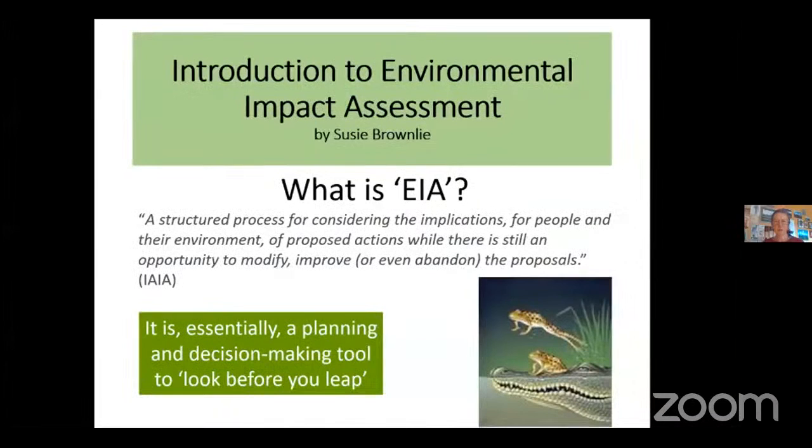And let's start. What is this thing called environmental impact assessment? If I look at the definition provided by the International Association for Impact Assessment, it's a structured process for considering the implications for both people and the environment of proposed actions or proposed projects, while there is still an opportunity to modify, improve, or even abandon the proposals.